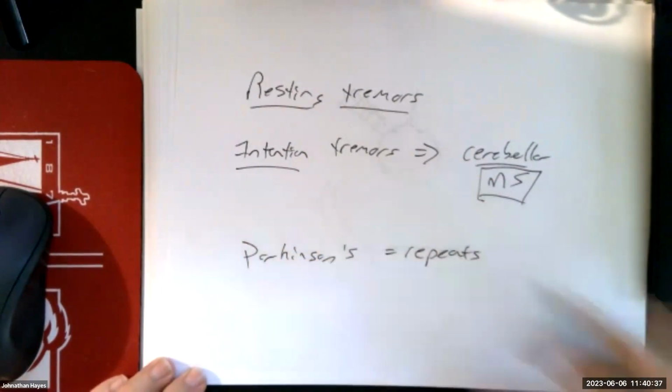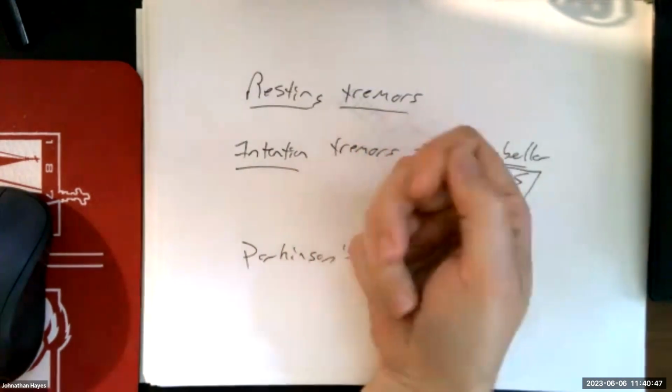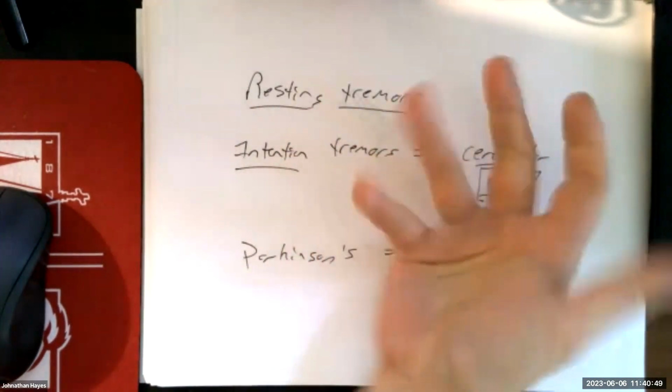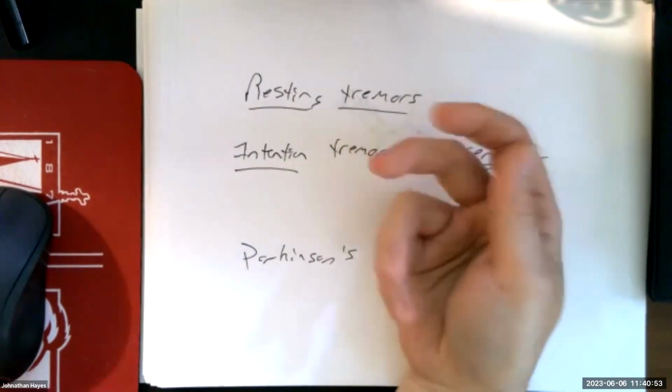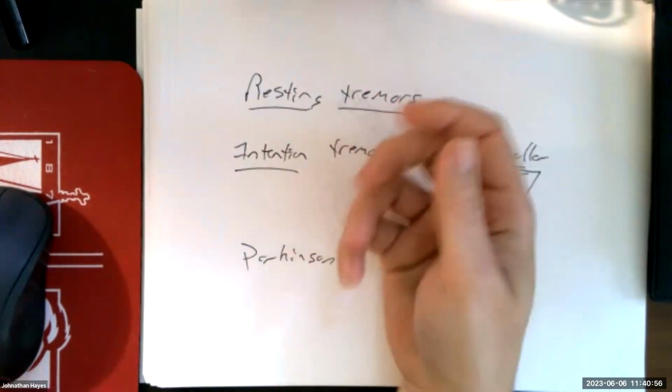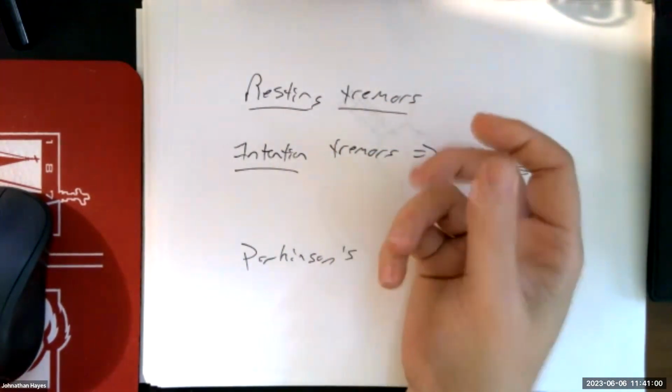It repeats over and over again. Usually there's a number of cycles per second, or a Hertz frequency to it. The most common Parkinson's resting tremor is this one, where the hand will sometimes be clasped together or maybe loosely, but it just shakes like that. That's the first sign of Parkinson's usually.